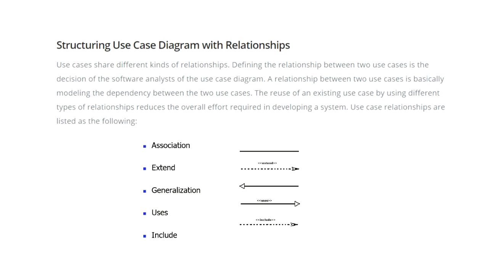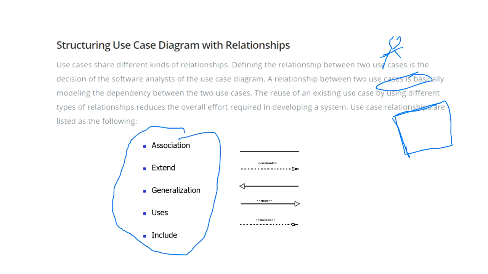So we have seen an actor, we have seen what a use case is, and we have seen a system. Just let me give you all the components that we are going to use, then we will see the real example by connecting everything in the use case diagram. So there are basically these four main relationships in a use case diagram. First is the association.